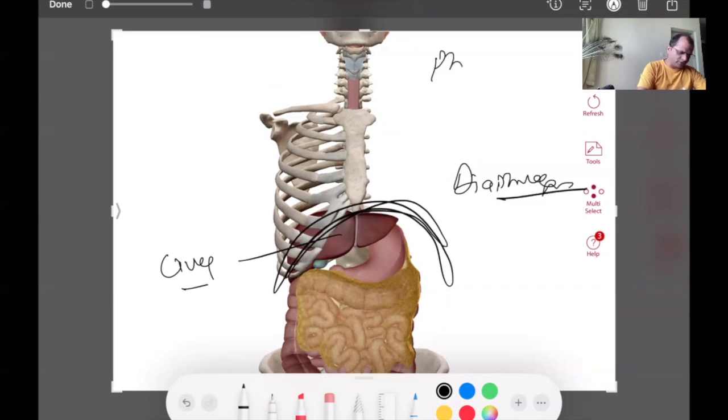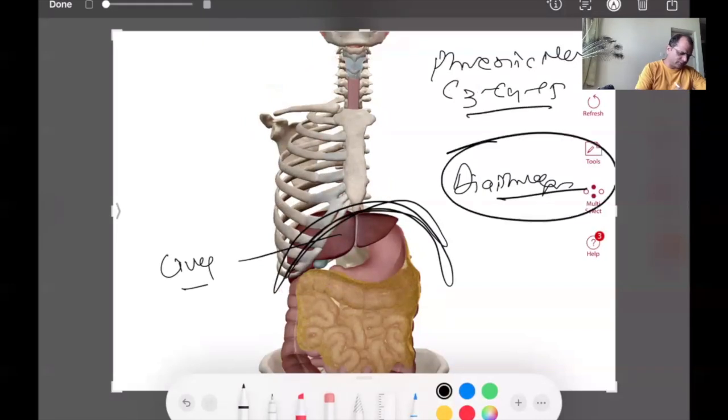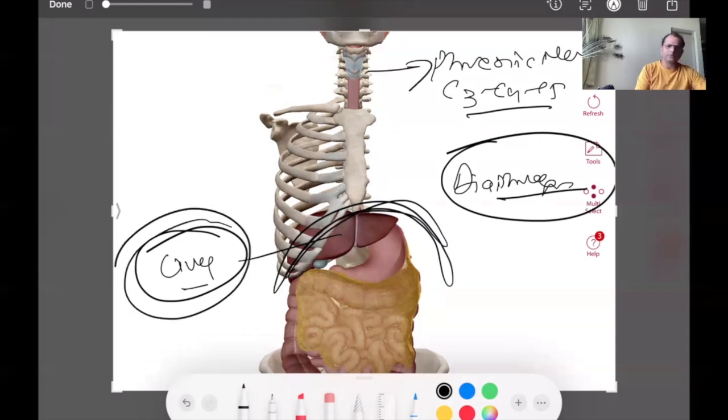So phrenic nerve, who is going out from C3, C4, C5, supplying the diaphragm and the liver. Now you can understand, if the person is having any problem in the neck, it might be due to the liver. That's why in the TCM it's mentioned, if the person is having liver problem, will be suffering with the neck pain.